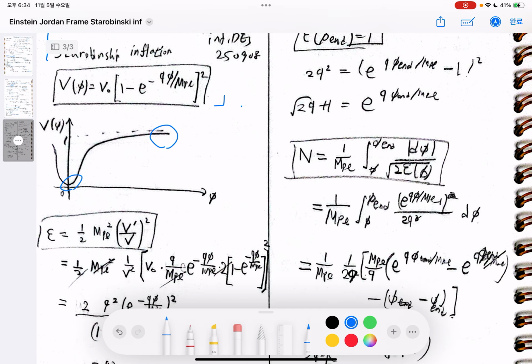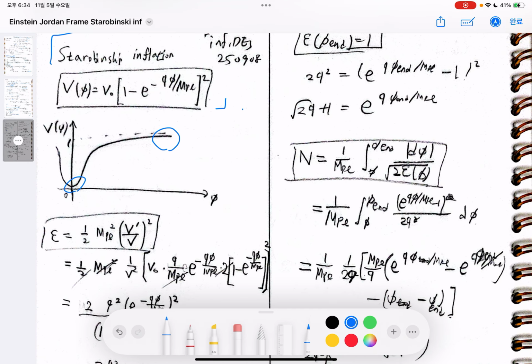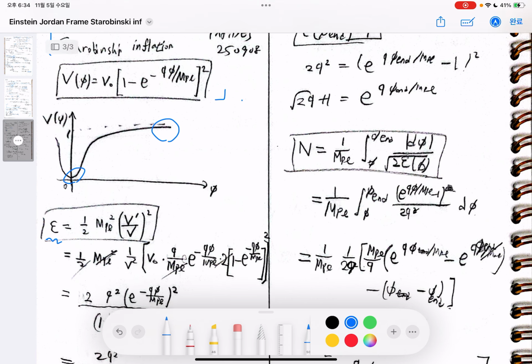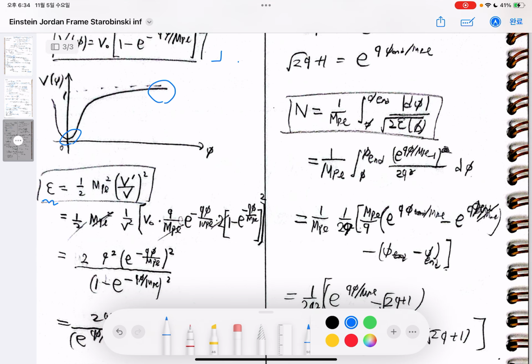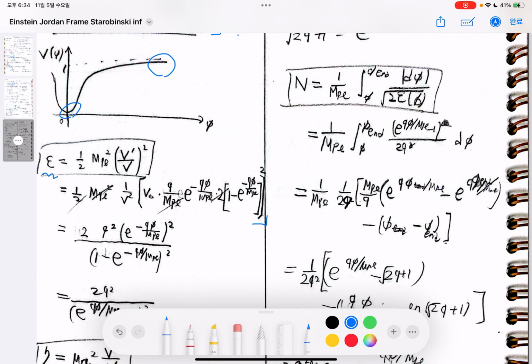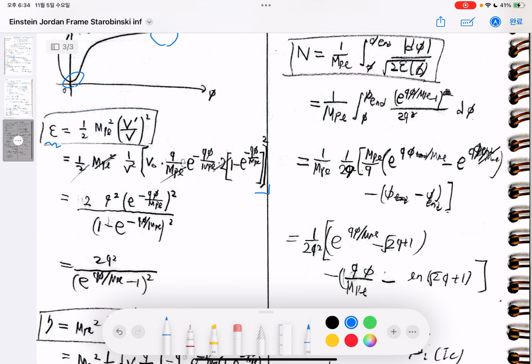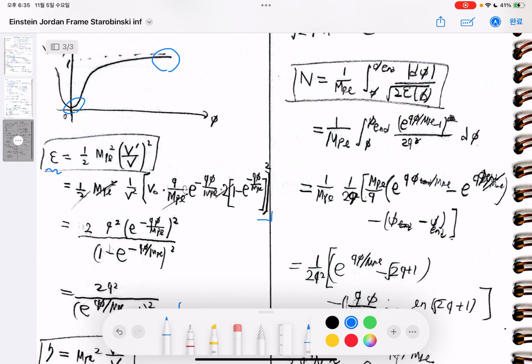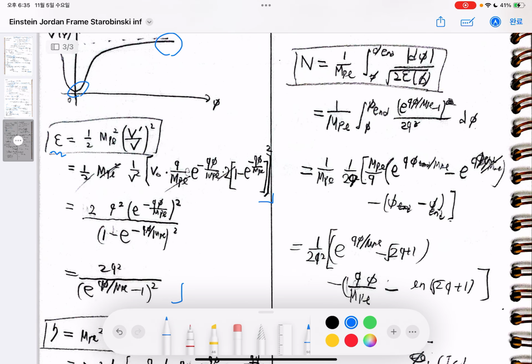We can calculate the slow-roll parameters first from the scalar potential. V prime over V, this is just algebra and calculus, so we can obtain epsilon in terms of the parameters in the scalar potential.